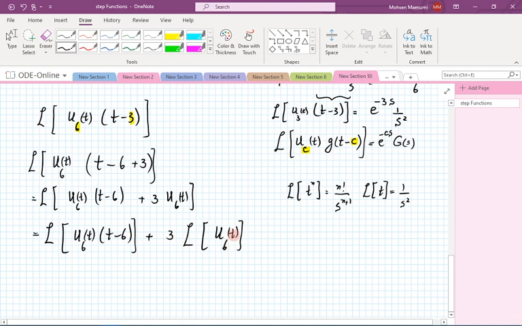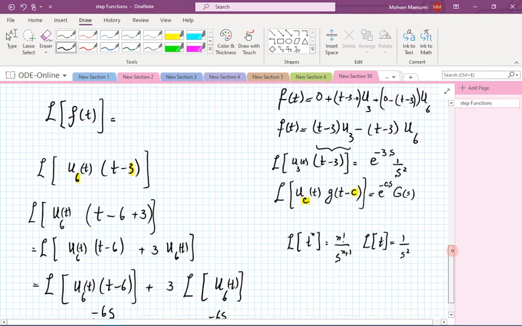There is just the switch u6 by itself. And then here I will have exponential of minus 6s over s squared. So that's all set there. And then here I have 3 times exponential of minus 6s. The Laplace transform of that by itself was this.